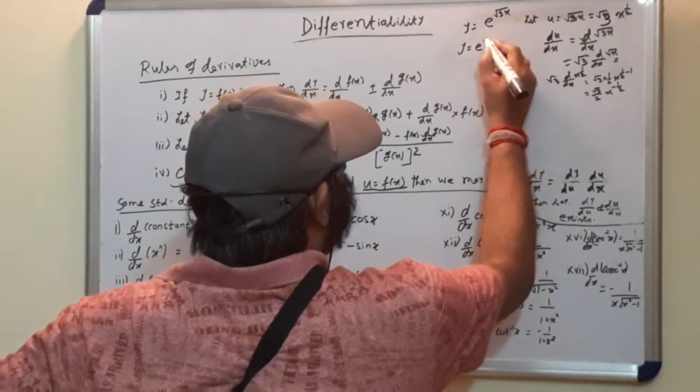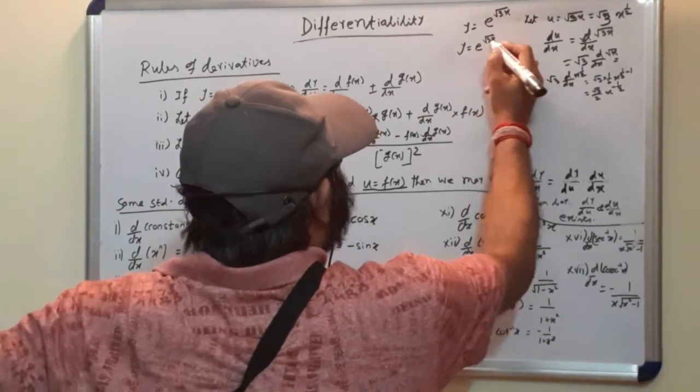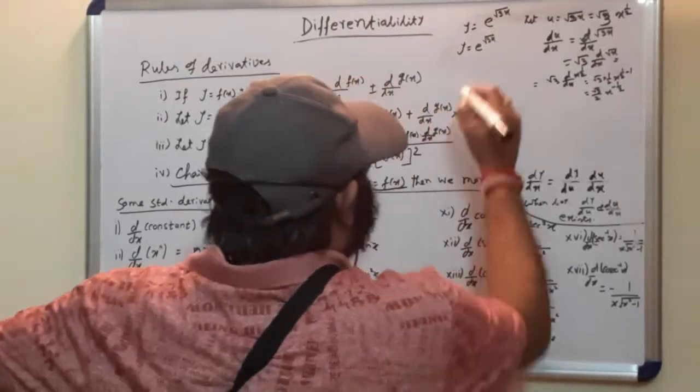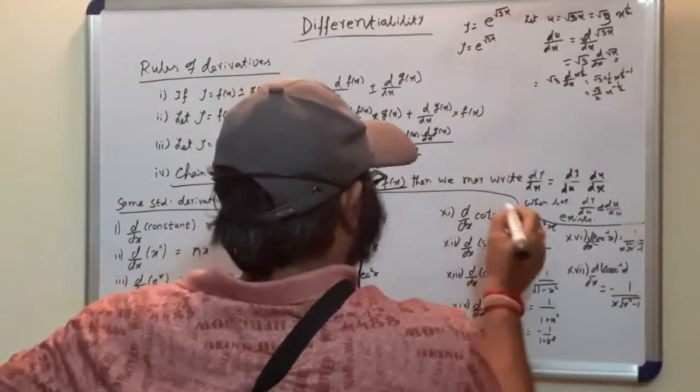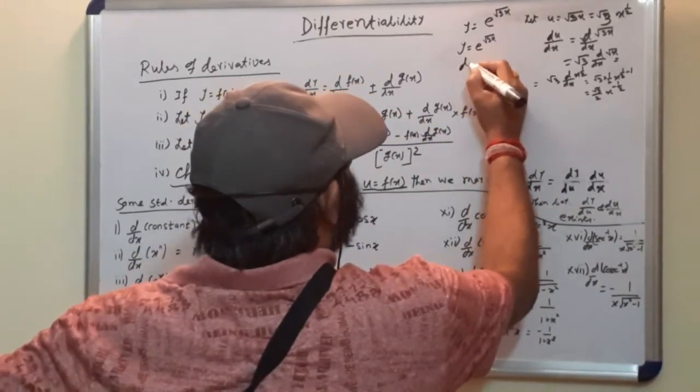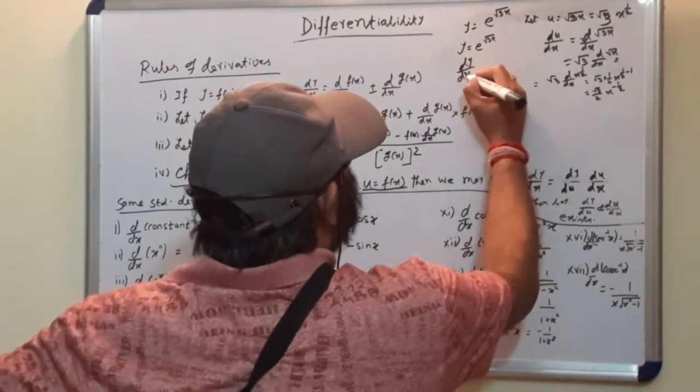Now let y equal to f(u), say e to the power root 3x. Since we considered root 3x as u, we will find the derivative dy/du.